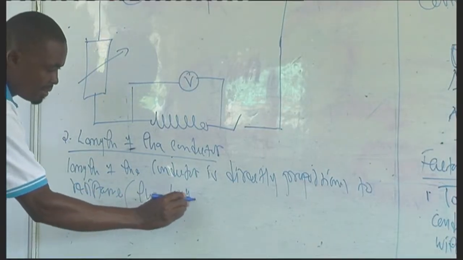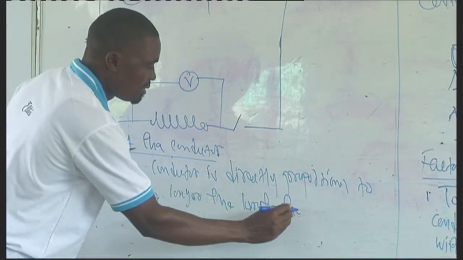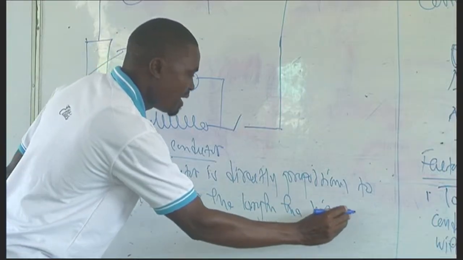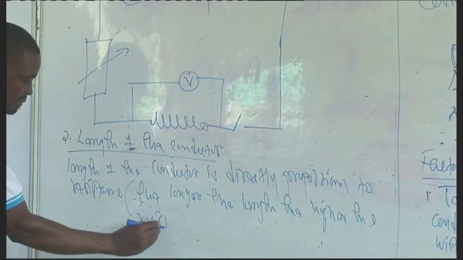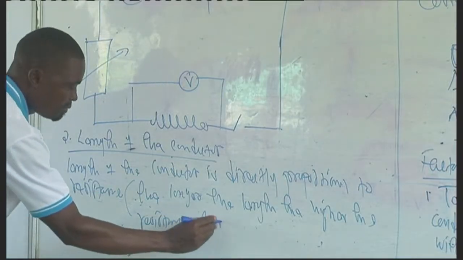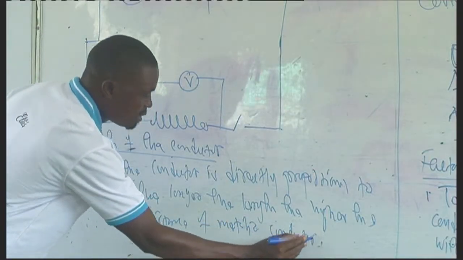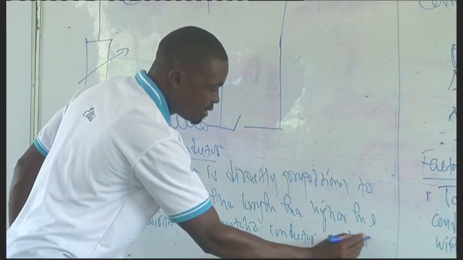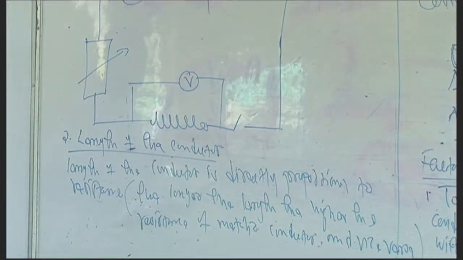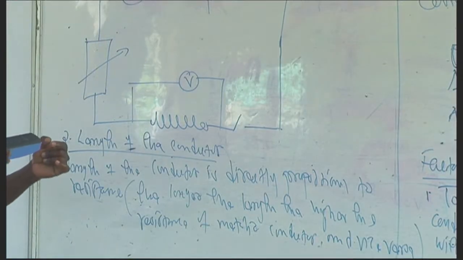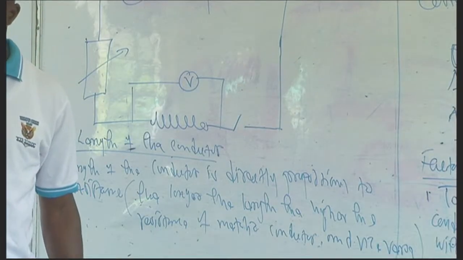The longer the length, the higher the resistance of a metallic conductor. And vice versa. It means the opposite is that the shorter the length, the lower the resistance of a metallic conductor.